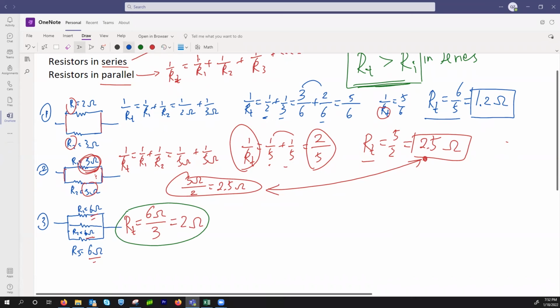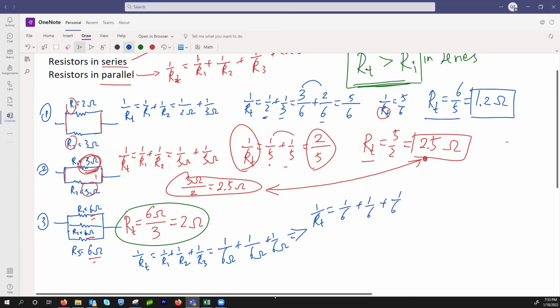Okay, so 3 resistors connected in parallel, based on the equation, we have 1 over R total equal to 1 over R1 plus 1 over R2 plus 1 over R3. Do the substitution. R1 equal to 6 ohm, R2 6 ohm, R3 also 6 ohm. And let's do the calculation by forgetting about the units for a little bit. So 1 over RT equal to 1 over 6 plus 1 over 6 plus another 1 over 6.